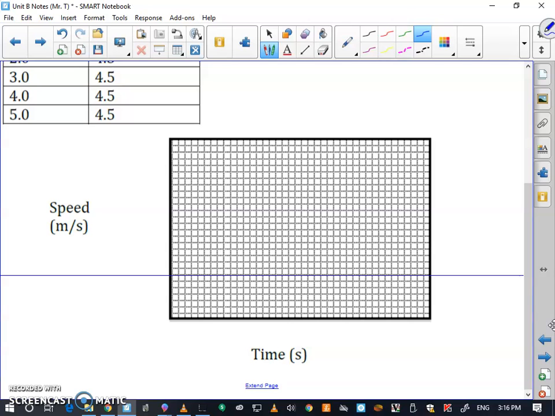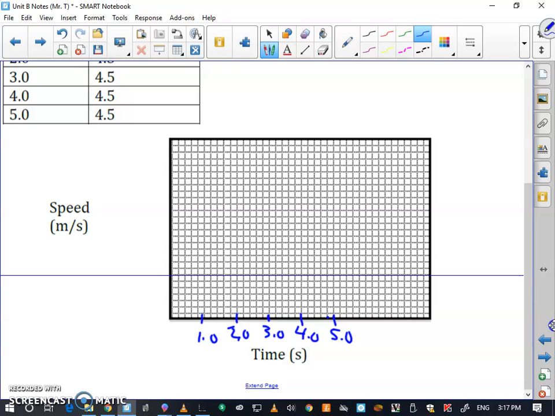So 1.0 here, 2.0 here, 3.0, 4.0, and 5.0. So it's a simple graph to make, as I was mentioning, but the idea of now we're moving at a constant speed. So we're going pretty fast for 5 seconds. In fact, 4.5 meters per second.